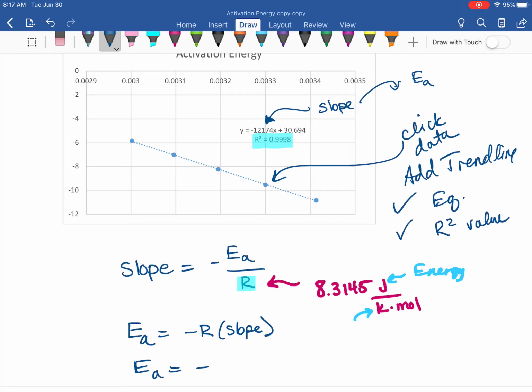Our activation energy is minus our 8.3145 joules over Kelvin mole times our slope.